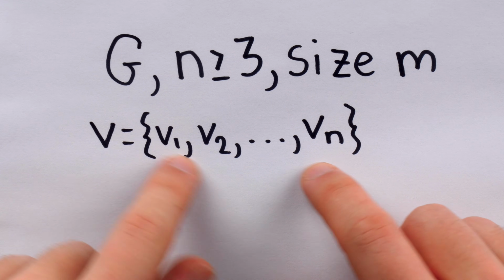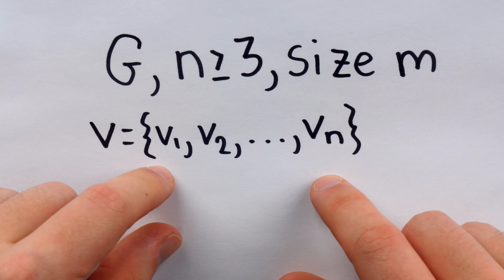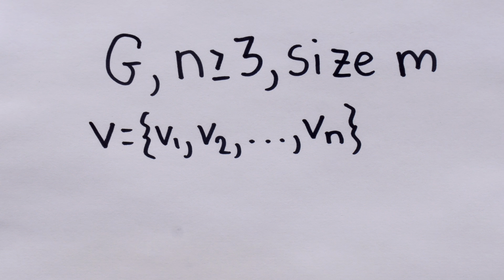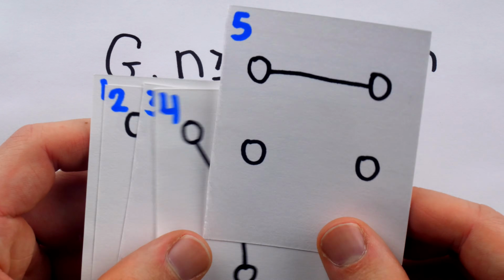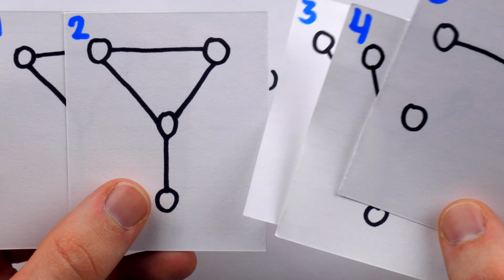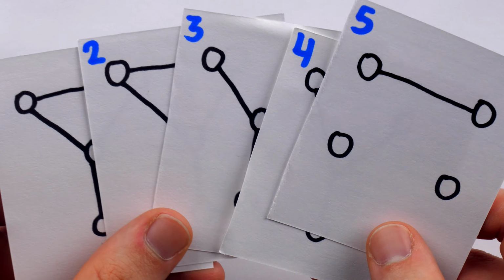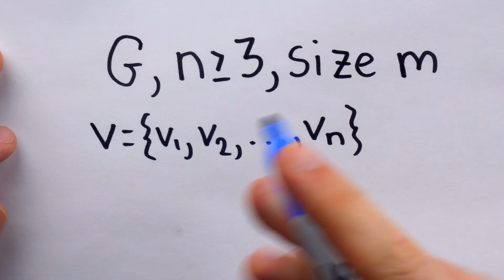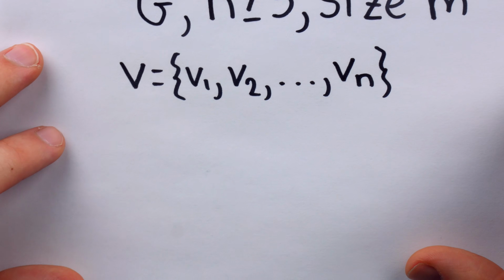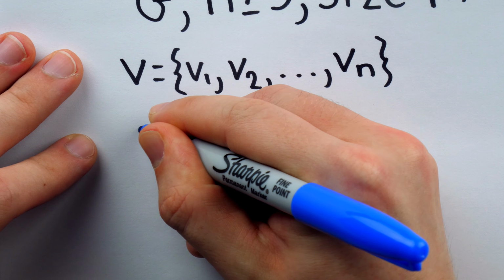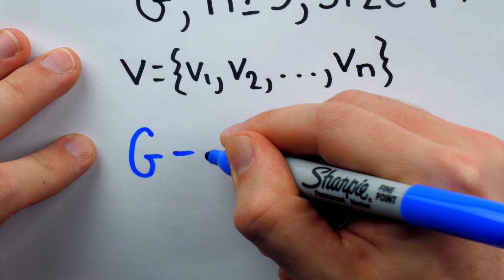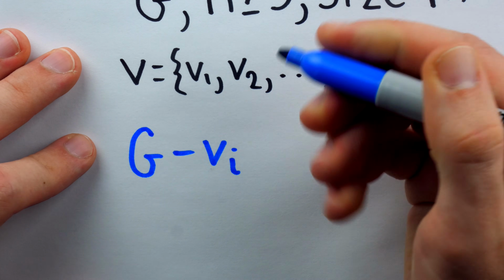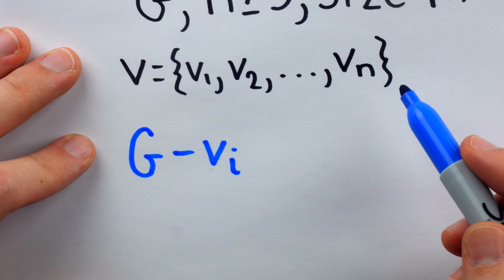It's necessary to put this arbitrary labeling on the vertices just for the argument, but keep in mind, in general, when we're looking at these decks, the vertices are not labeled, and if they were, the problems we're discussing would be pretty trivial. Now, if these are the vertices of G, then the deck of G consists of all of those vertex-deleted subgraphs, G minus Vi, where i ranges from 1 to n.